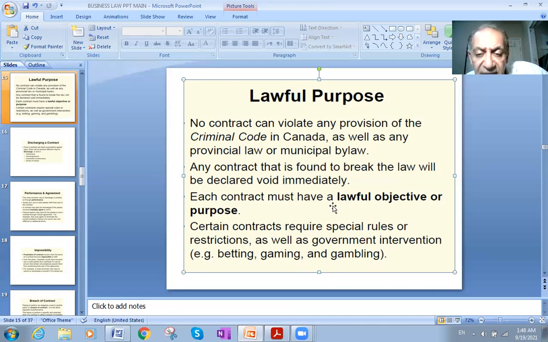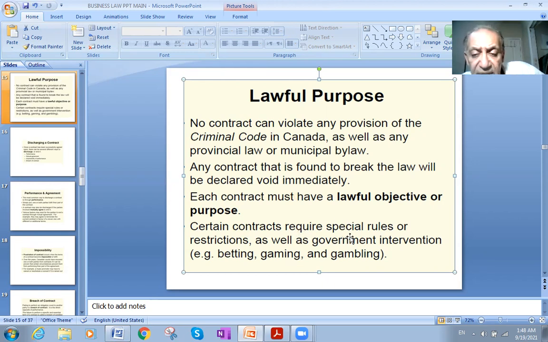Each contract must have a lawful objective or purpose. Lawful means it goes legally. You cannot say, I will make a contract with you for child trafficking. No. Or for hiring children, you will bring me children to work. No, because this is not a lawful objective, it is an illegal objective.